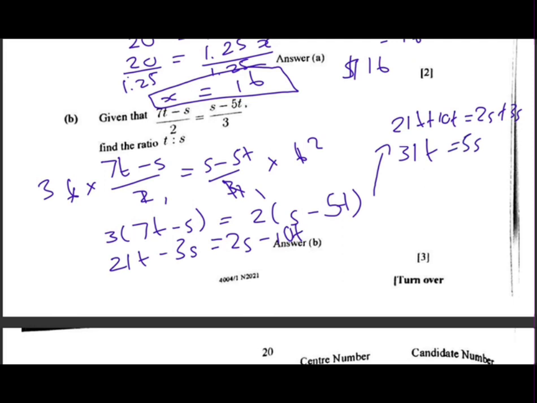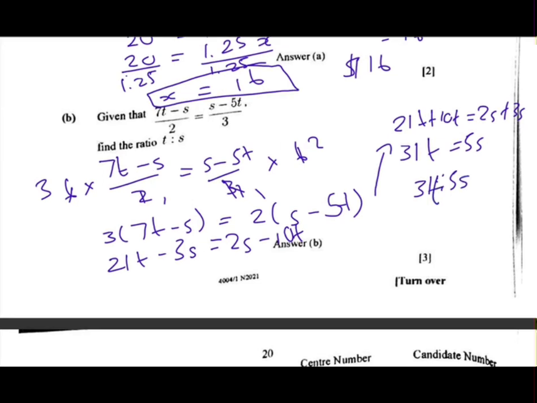So what I will do here is divide both sides by s, so that I can find a fraction like t over s, and then I can find my ratio. So 31t can be divided by s to give us 31t over s.